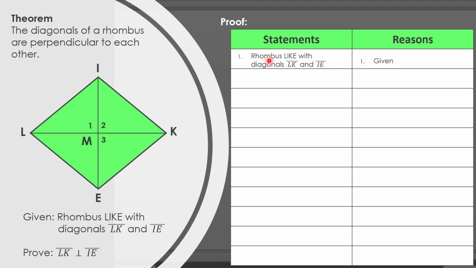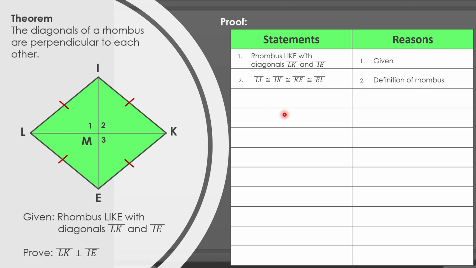And since we know that this figure is a rhombus, then we can say that side LI is congruent to side IK, congruent to side KE, also congruent to side EL, for the reason of the definition of the rhombus in which all sides are congruent.